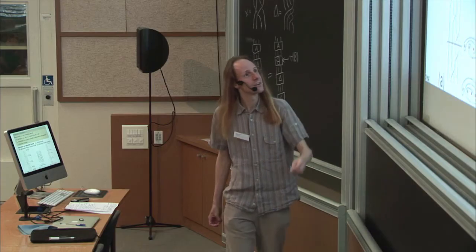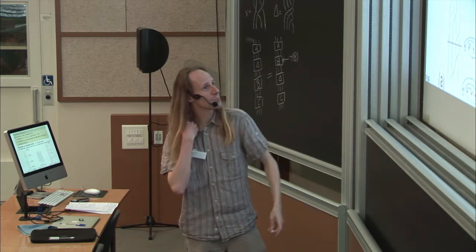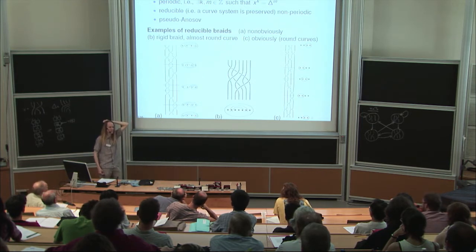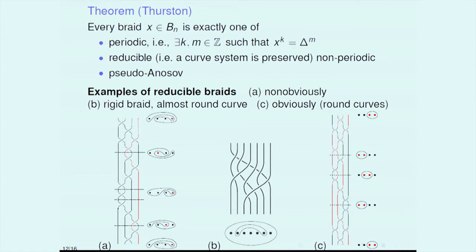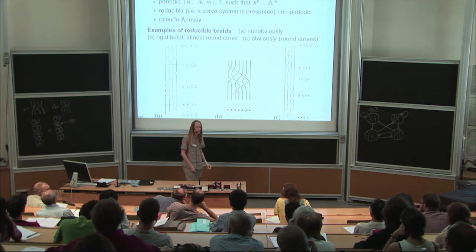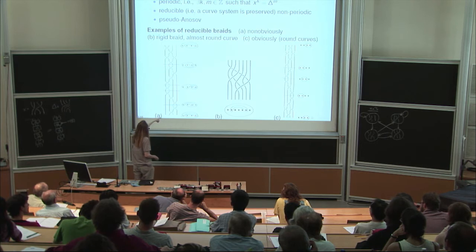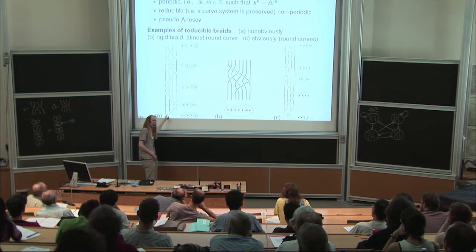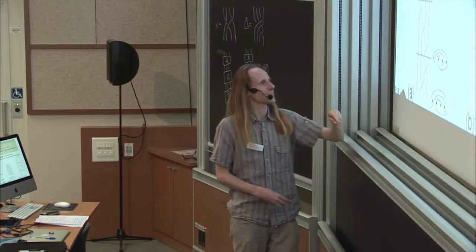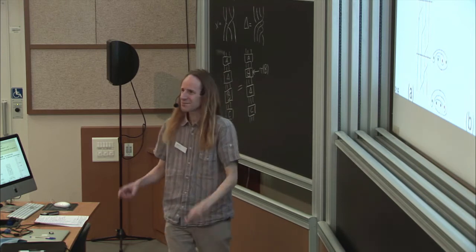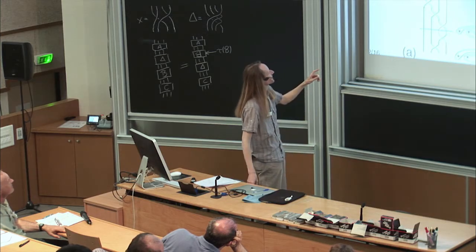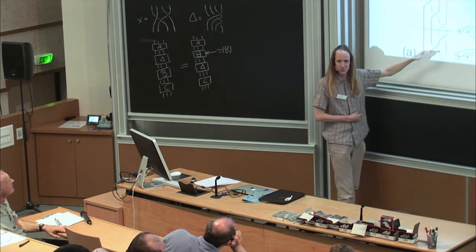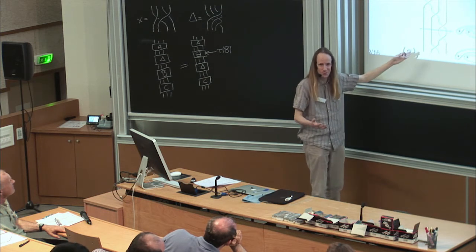That one is from a paper of Sang-Jin Lee and Yeon-Kyung Lee. If a braid is reducible, then any conjugate is also reducible, obviously.